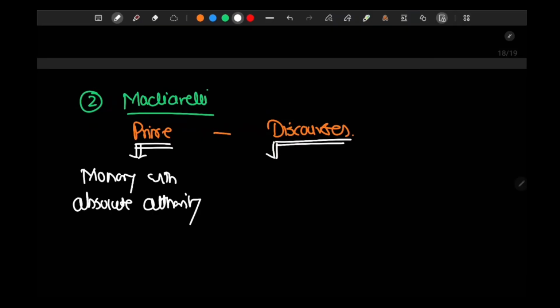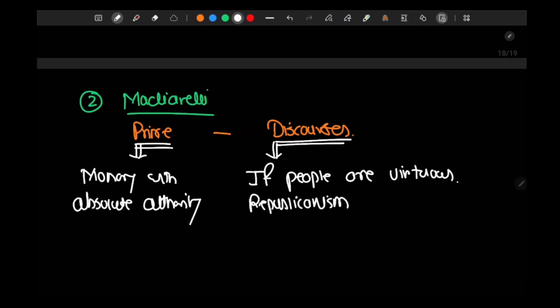And in Discourses, Machiavelli says that if people are virtuous, republicanism can be extended. If people are virtuous, the particular system can be republican.